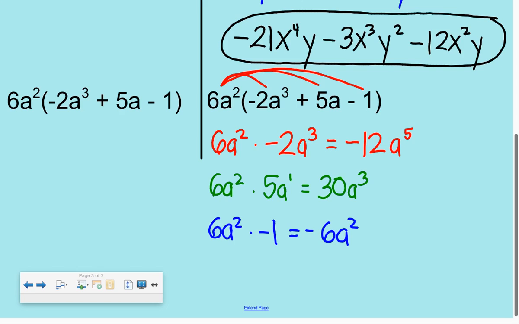And if I write out my answer, I have negative 12a to the 5th plus 30a to the 3rd minus 6a squared.